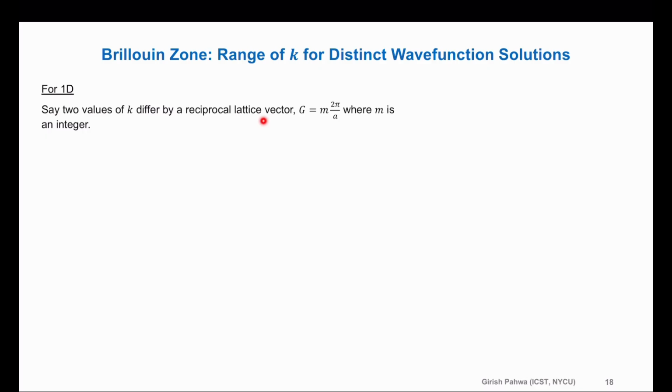What is a reciprocal lattice vector in 1D? It is some integral multiple of 2π/a. 2π/a is the primitive vector, and any reciprocal lattice vector will be an integral multiple of it, m times 2π/a, where m is an integer.